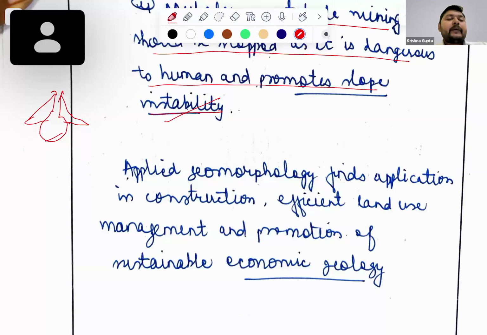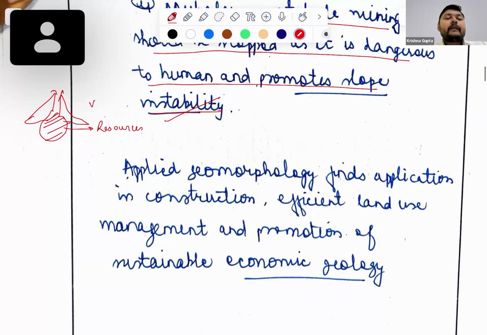Here we have the presence of various resources. This is also studied under geomorphology, where there is presence of volcanic vents, certain resources are present and they are extracting it.